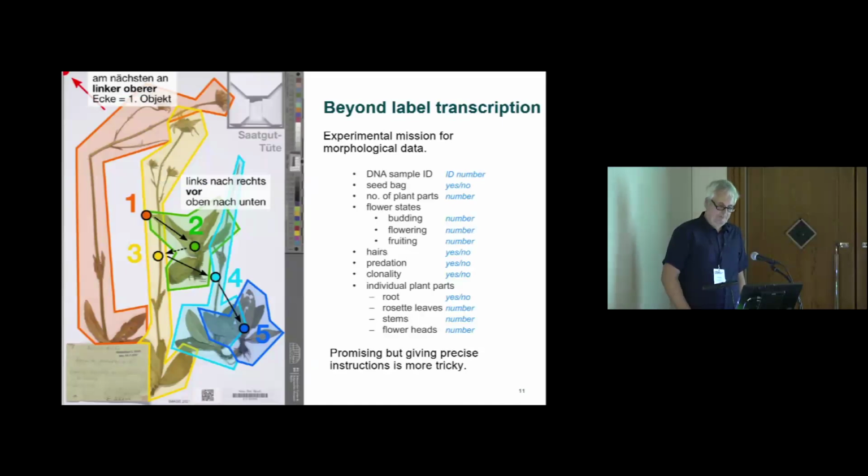Beyond label transcription, we would like to experiment a little bit with new tasks for the Herbonauts. One of the things we did was to ask our citizen scientists to capture morphological data from specimens, such as number of plant parts, flowering states, hairs, predation, clonality, and so forth.